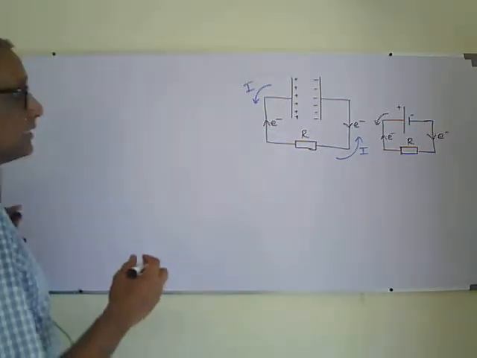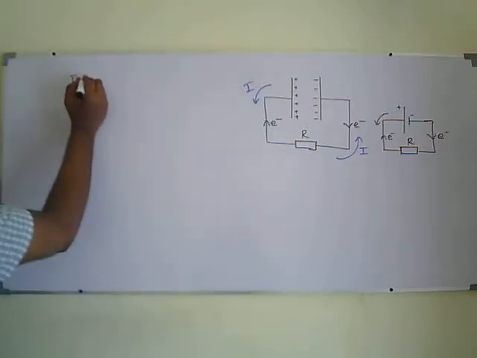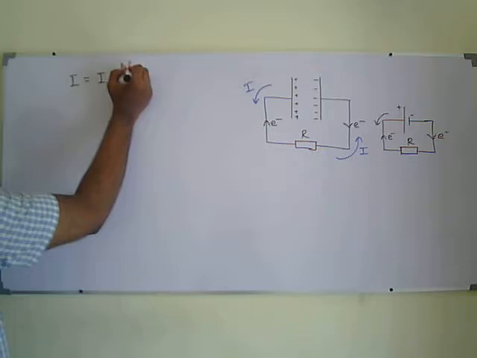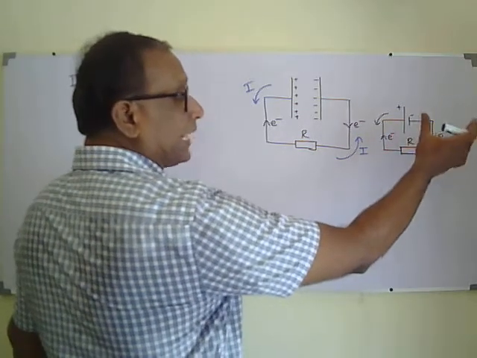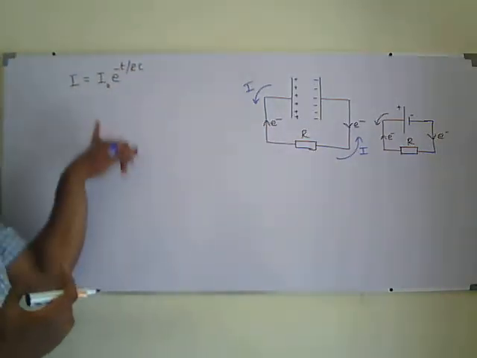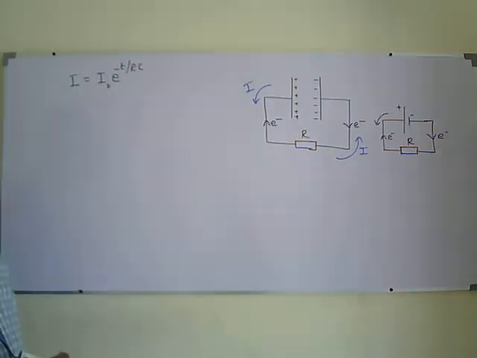So during the discharging process, the current will decrease according to I equals I naught e to the power minus t over RC. But for a DC power supply, something like a battery, you can't get an equation like that. We know current will decrease, but not in any proper mathematical format.